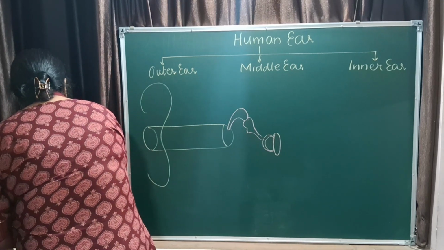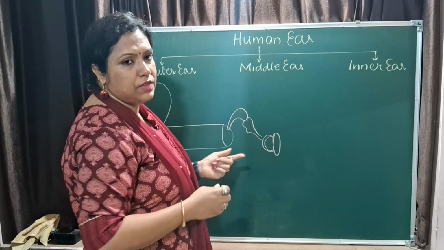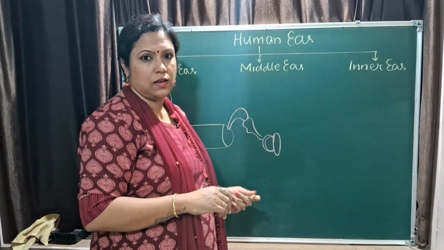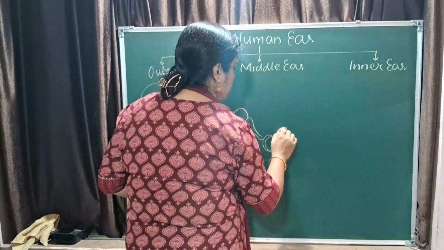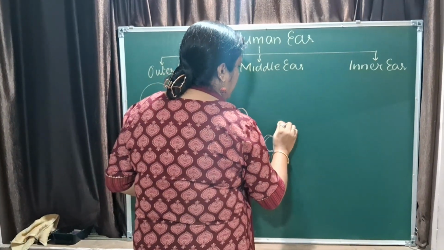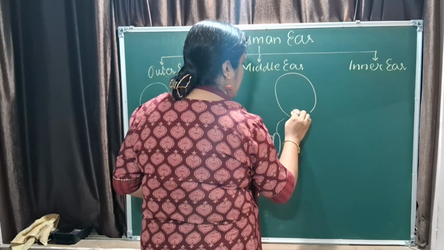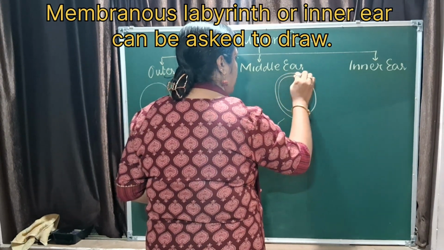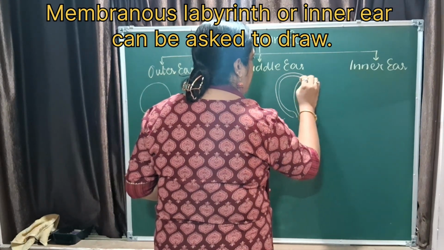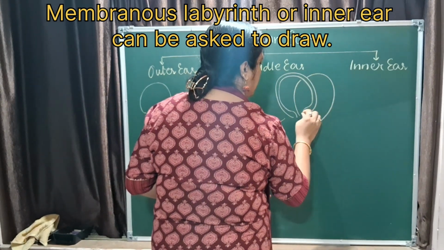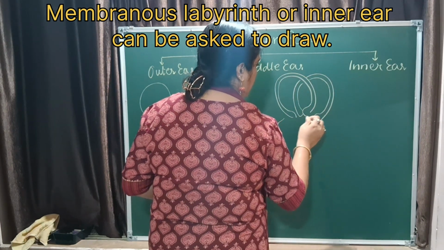Next one is your inner ear. For the inner ear, you have three components: the semicircular canals, the vestibule, and the cochlea. For that you need to draw these structures. These are nothing but the semicircular canals, which are three ring-like structures present perpendicular to each other.